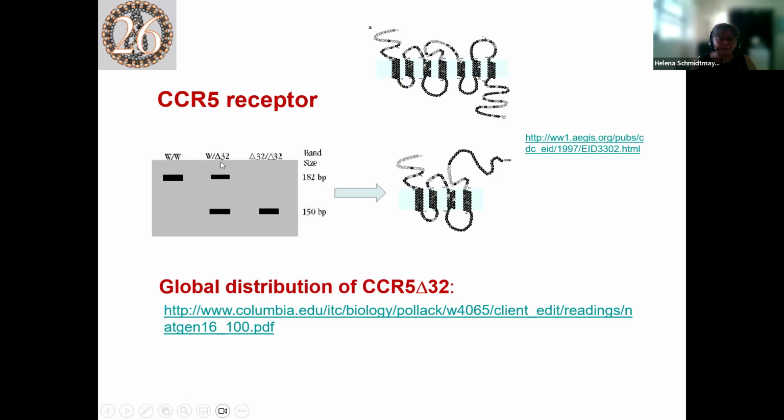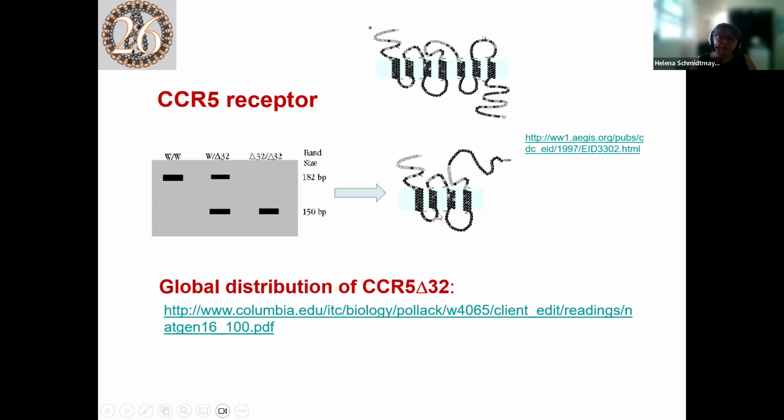In the middle is heterozygous, one functional allele, one mutated, and on the right we have homozygous. Those who are heterozygous can get infected by HIV. However, the course of infection is slower and pathogenesis occurs much later than in people who carry wild type alleles.